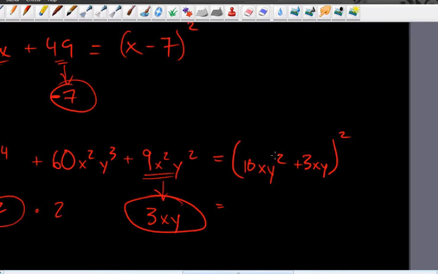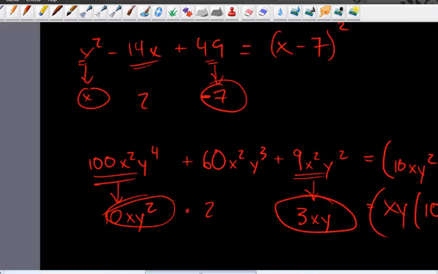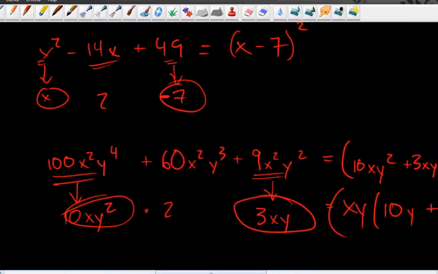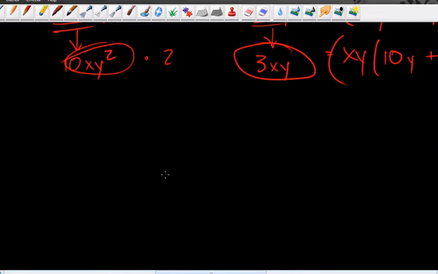In this case, we could factor out an xy from each of the factors. So we would have 10y plus 3, and all of that would be squared. But that's getting a little bit beyond what you need to know.